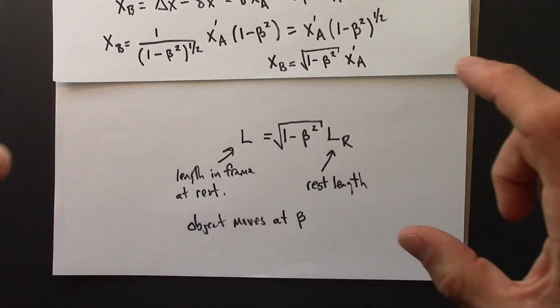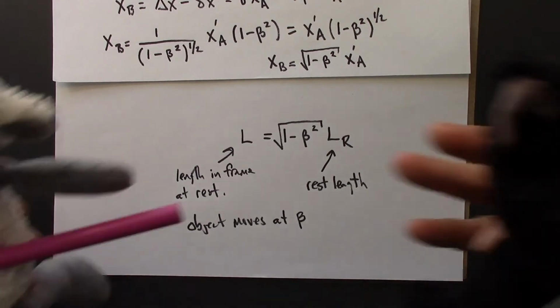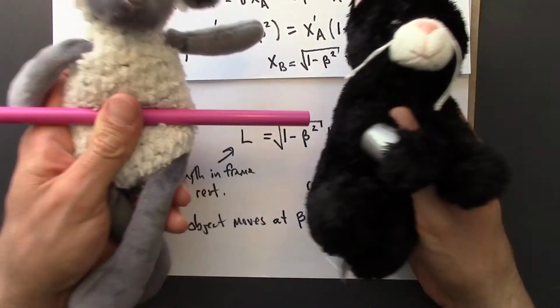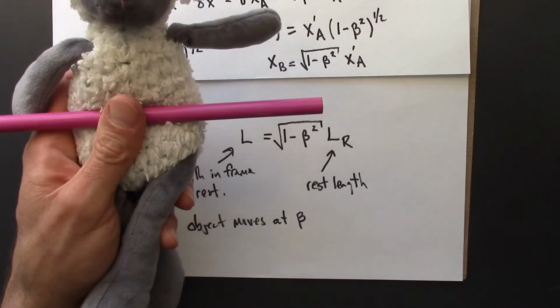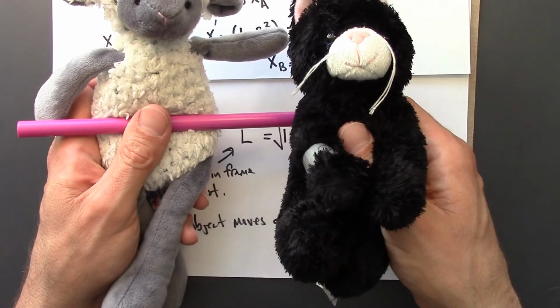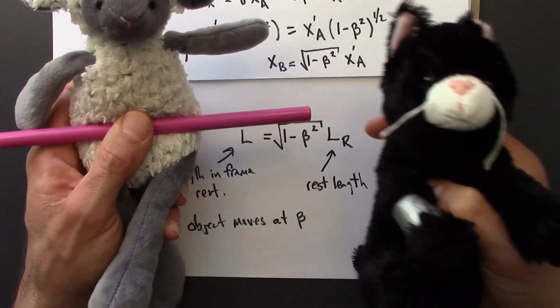Okay, so what this shows is that the following two scenarios are the same. Anna is at rest, Beowulf is moving by. Anna measures the rest length for the stick. Beowulf measures a stick that's contracted, that's shorter, by this amount.